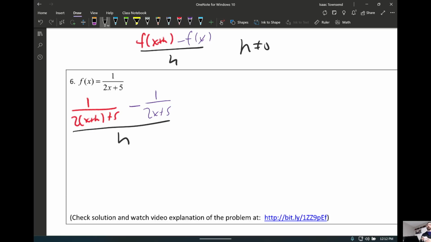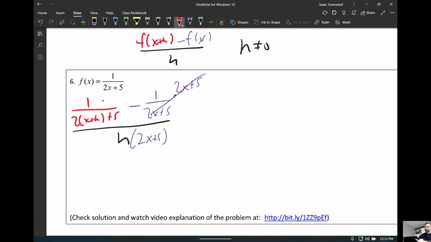If this had started off as a polynomial, I would just need foiling and distributing. If it had started off as a radical, I would need to be multiplying by conjugates. But since I started off with a rational function, I was left with a complex fraction. So we need to multiply everything by this small denominator, 2x plus 5.